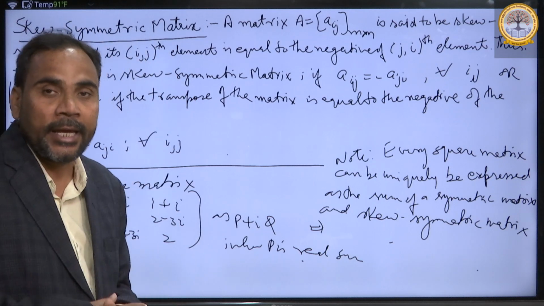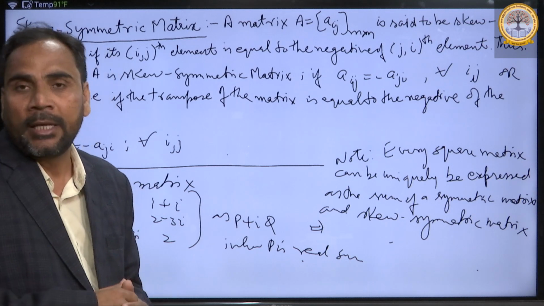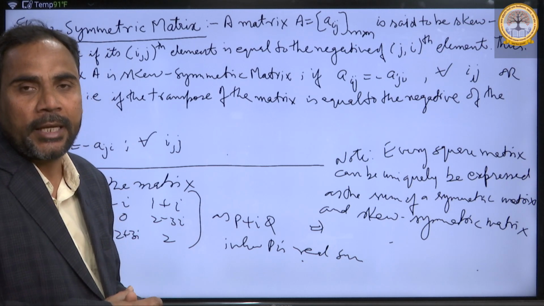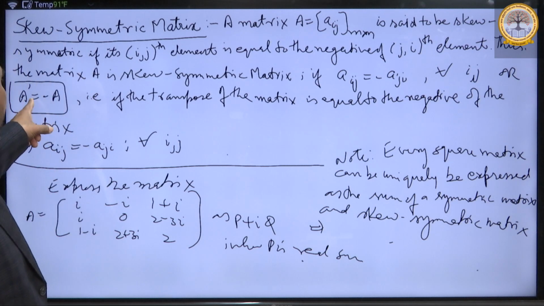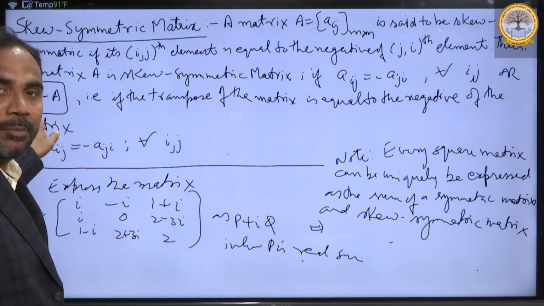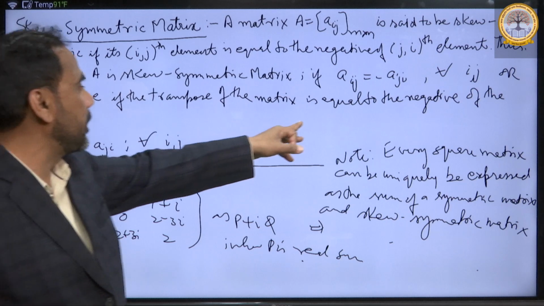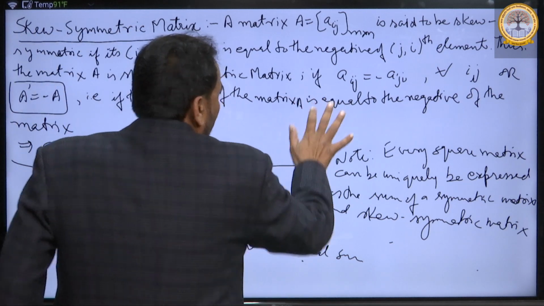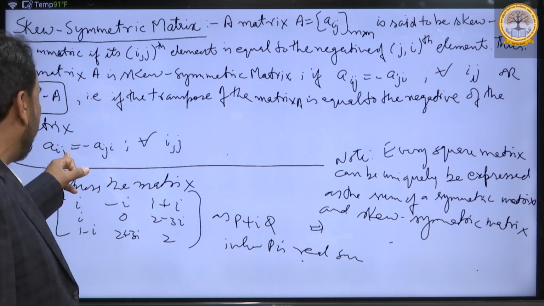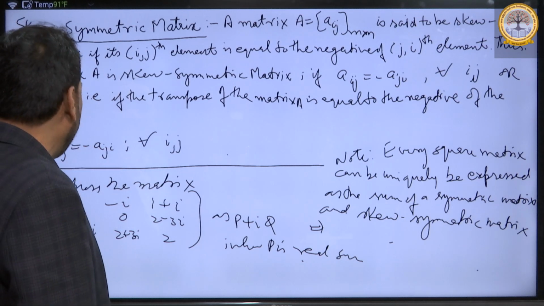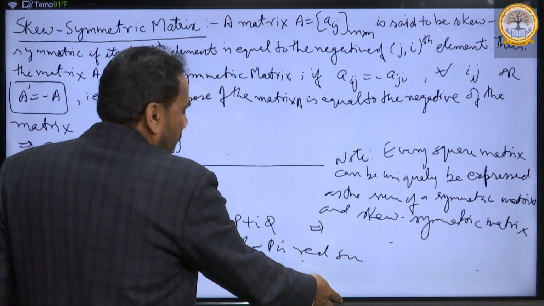Thus the matrix A is a skew symmetric matrix if Aij is equal to minus Aji for all values of ij, that is A dash is equal to minus A. A dash means transpose of the matrix A, that is if the transpose of the matrix A is equal to the negative of the matrix, implies that Aij is equal to minus Aji for all values of ij.